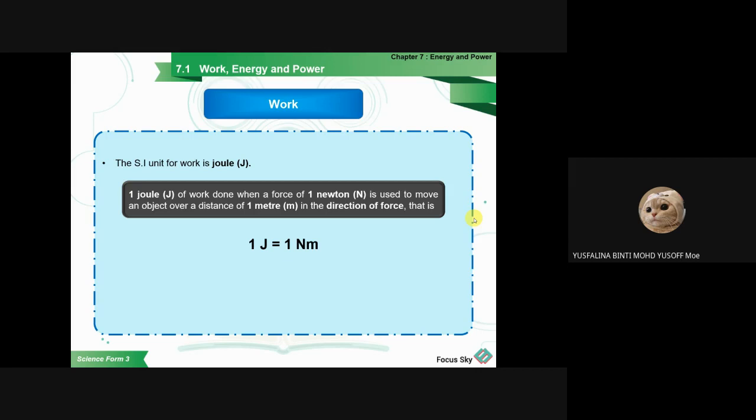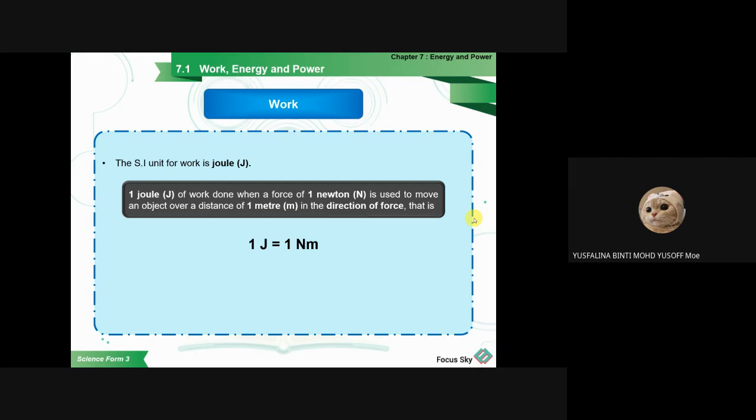So we consider that we have done 1 joule of work if we use 1 Newton of force to push the object and it moves 1 meter.